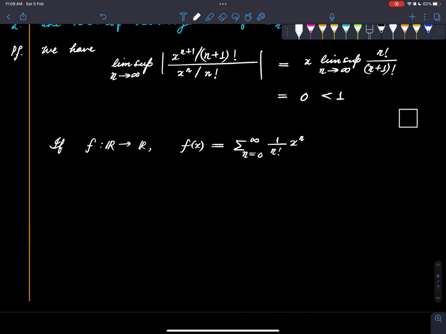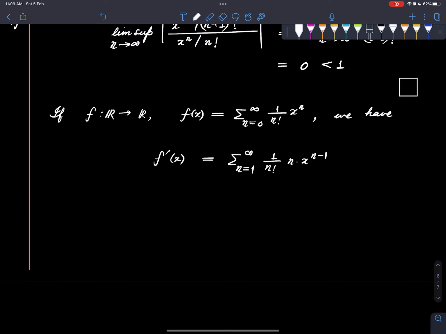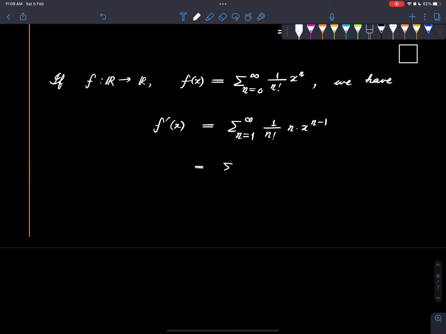And we have the derivative of this guy is just obtained by differentiating term by term. So this is n equals 1 to infinity 1 upon n factorial n x to the power n minus 1, which is equal to x to the power n minus 1, which is nothing but n equals 0 to infinity 1 upon n factorial x to the n, which is f of x.